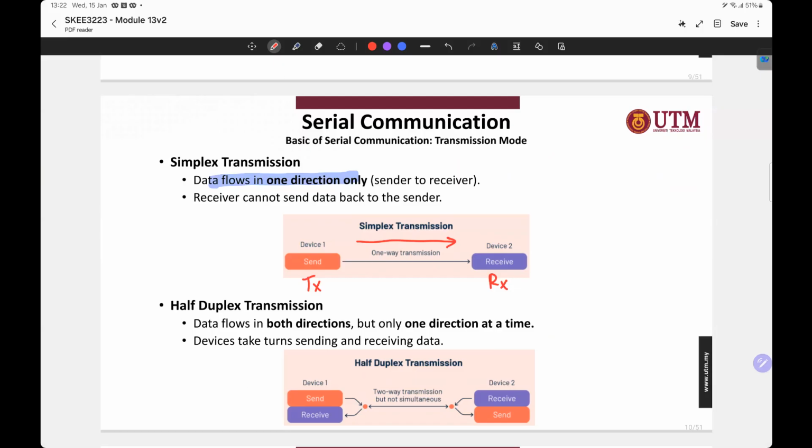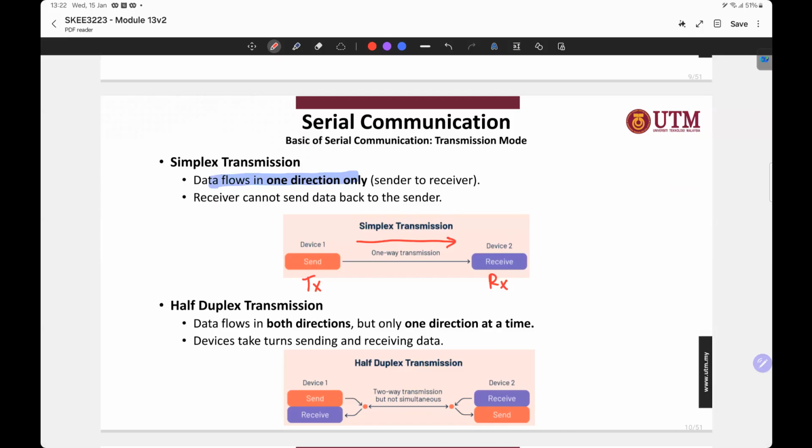An example of simplex transmission mode is a keyboard and monitor. The keyboard is your device 1, the transmitter, while the monitor is device 2. The keyboard can only send data to be displayed on the monitor.